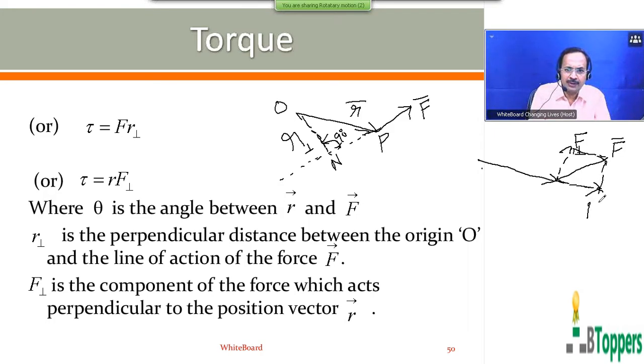The component of the force parallel to R bar is denoted by F subscript parallel. The component of the force which acts perpendicular to R bar is denoted by F subscript perpendicular, which is equal to F sin theta, where theta is the angle between R bar and F bar.